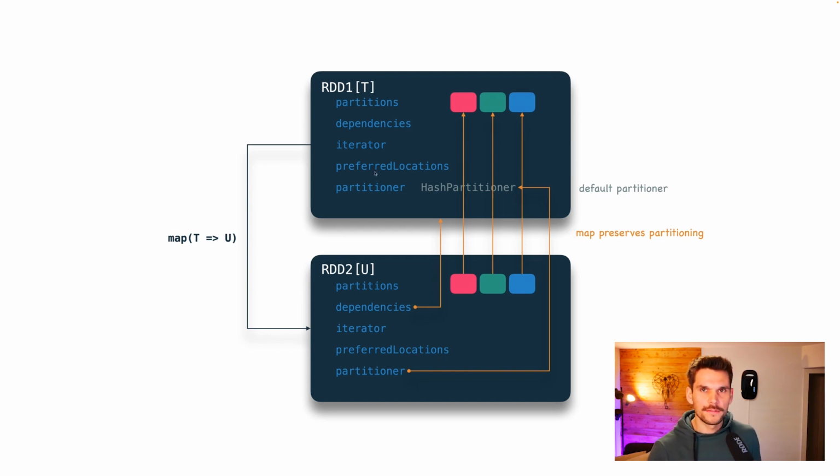It implements these transformations that we are handed out using the API, and then it implements the behavior of how each of the transformations transforms the parent RDD into a child RDD.